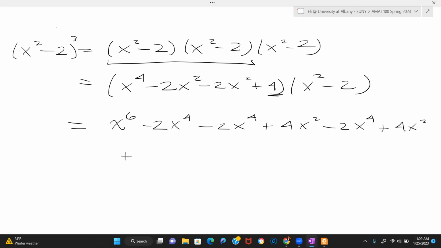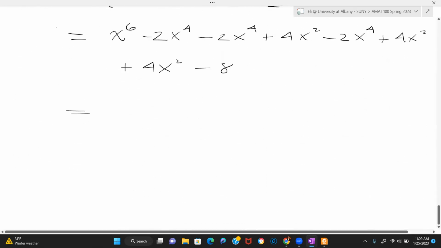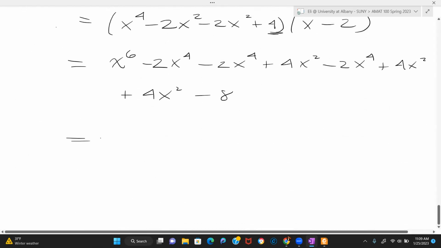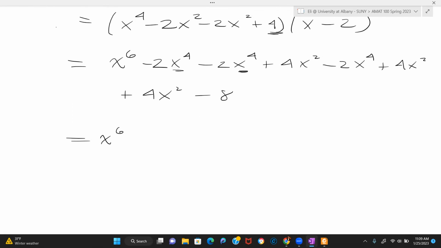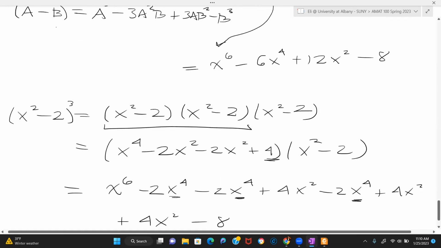So you get plus 4x squared minus 8. So if we simplify this, we get x to the sixth. We have this x to the fourth, x to the fourth, x to the fourth. When we combine all of those, negative 2, negative 4, negative 6, so negative 6x to the fourth. Okay, and that's good. We got that up here.